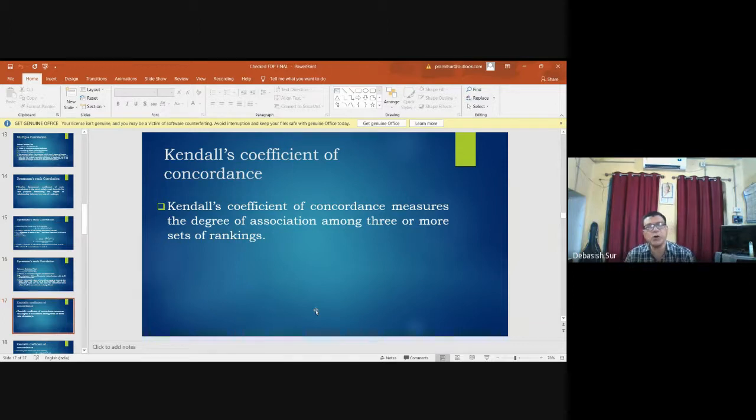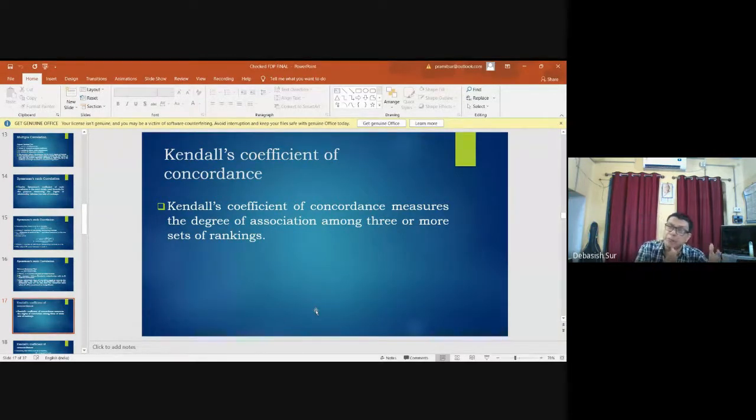So next one is Kendall's coefficient of concordance. If we have 3 or more variables, and if we want to determine the degree of relationship among them, then we have to use Kendall's coefficient of concordance. Obviously the data are qualitative in nature.